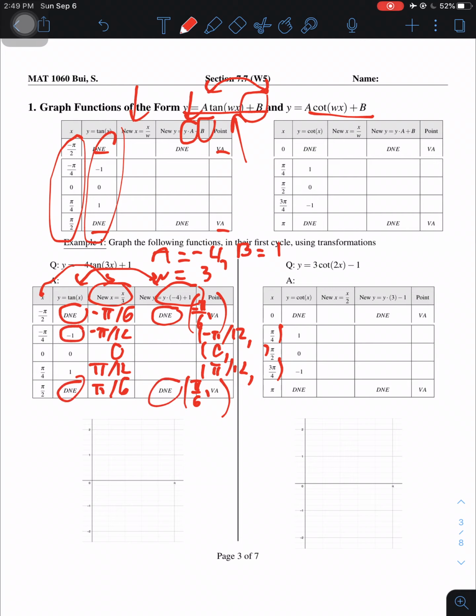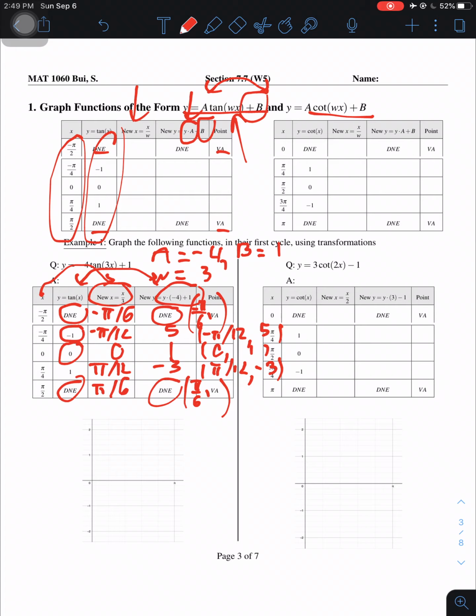So we're going to do -1 times -4, which is 4, and then +1, that means we have a 5 in here. 0 times -4, which is 0, +1 is 1. 1 times -4, that is -4, +1, that is -3. And let's fill out the Y values that we had earlier. So this is 5, this is 1, and this is -3.